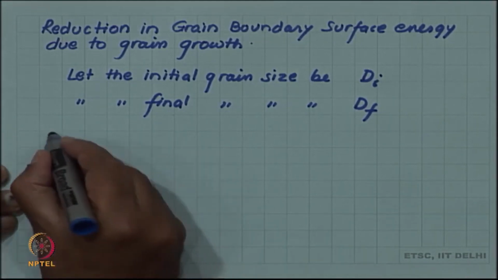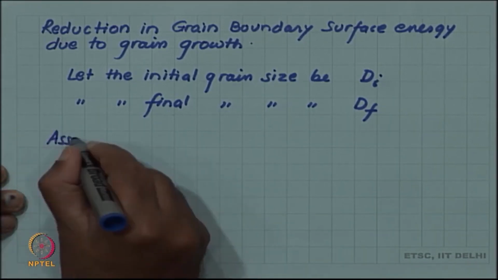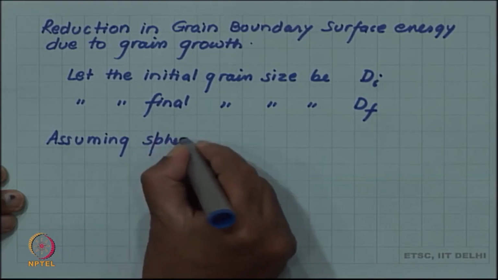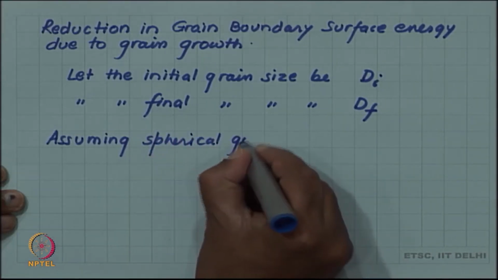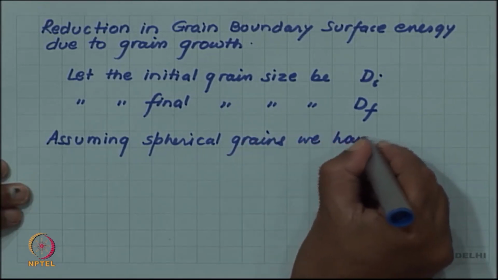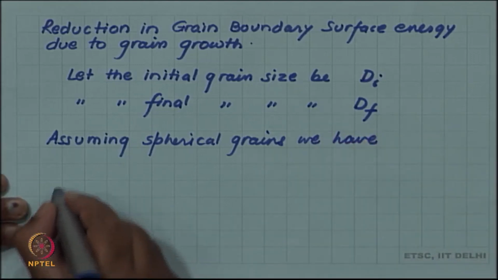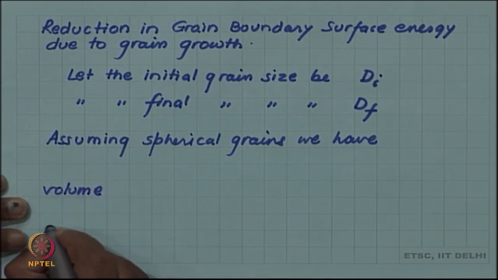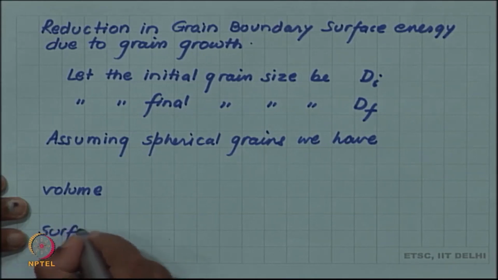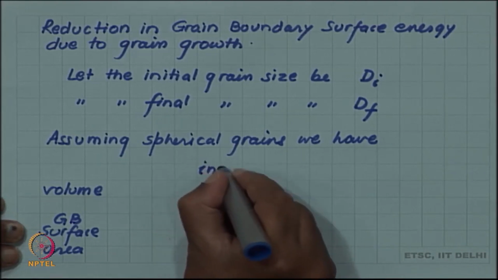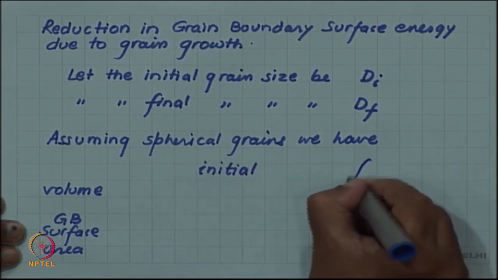Now, assuming spherical grains for simplicity of calculation, so assuming spherical grains, we have, so let us say volume, grain boundary surface area, initial, final.